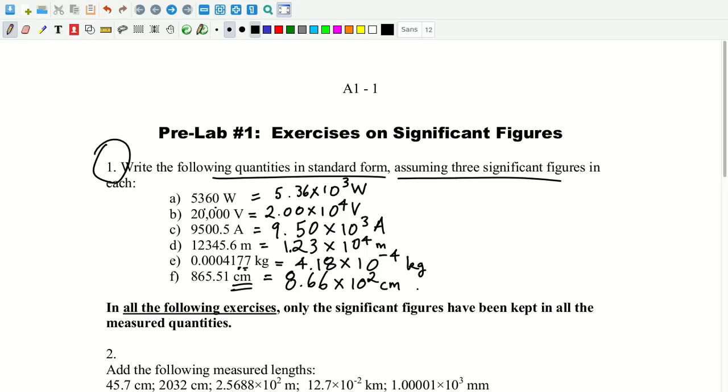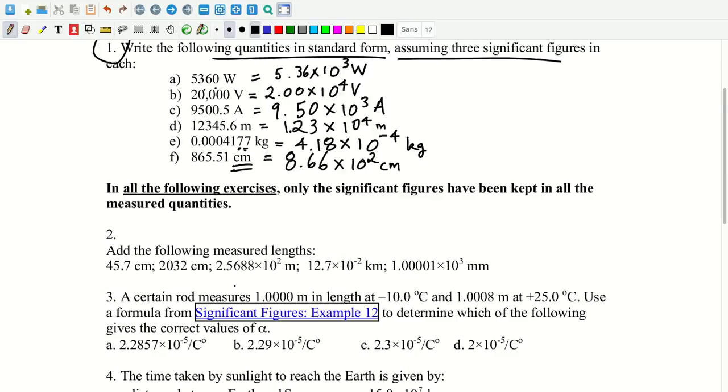An alternative answer could even be 8.66 meters, to be honest with you. But just leave it like this. This is totally fine. And it's 8.66, again, because that rounds this 5 up. So that is essentially question 1 of the quiz.